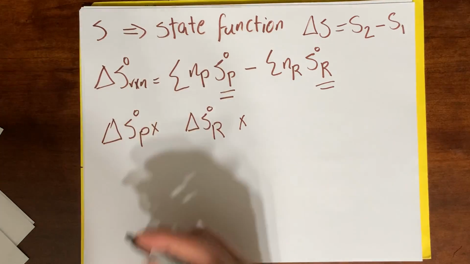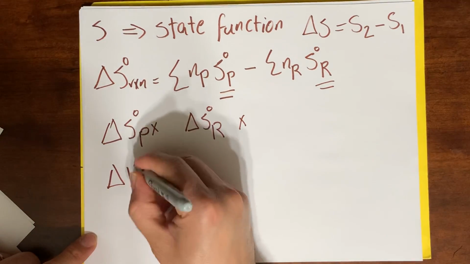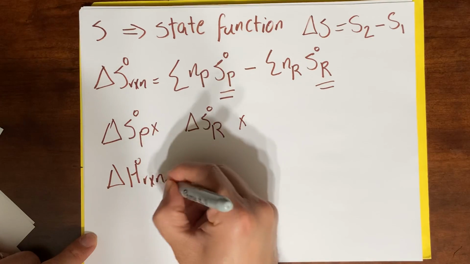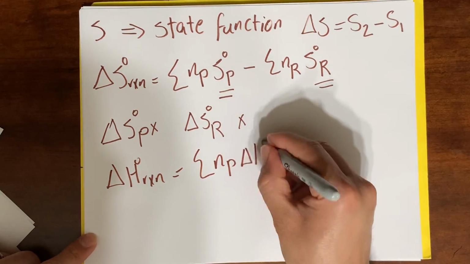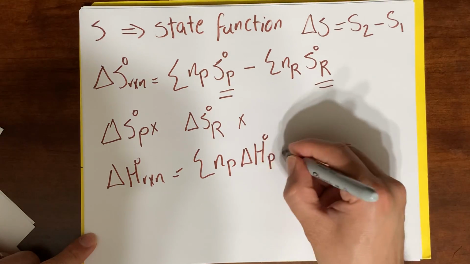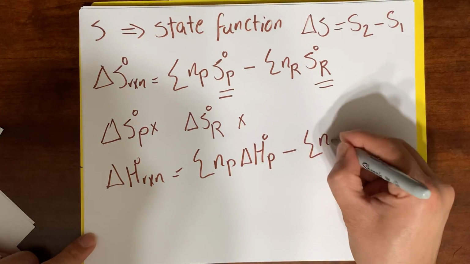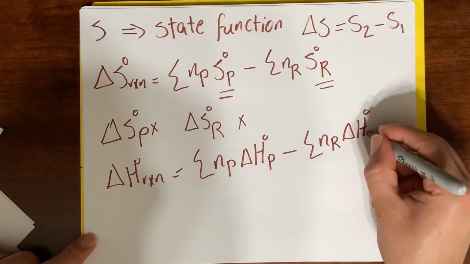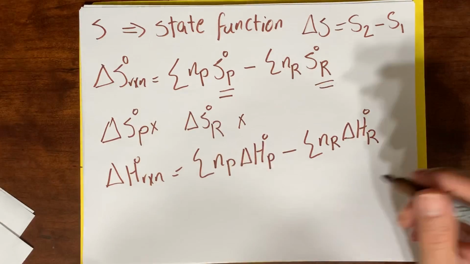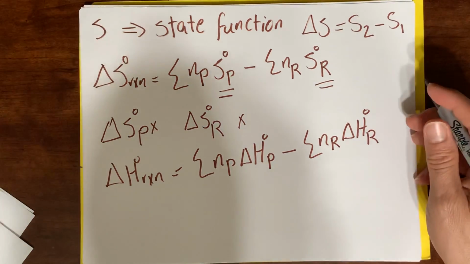For delta H, we said number of moles of product multiplied by the change in enthalpy of the product minus number of moles of the reactant multiplied by the change in enthalpy of reactant, or delta H of reactant under standard condition.